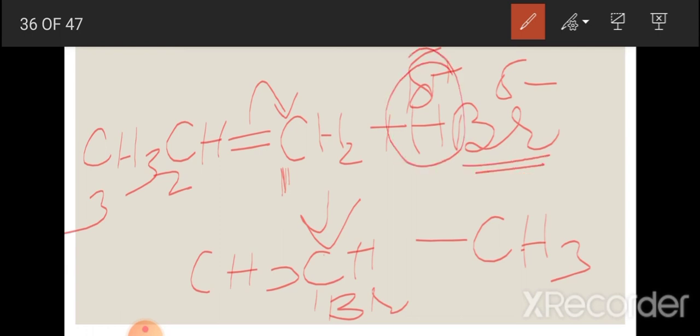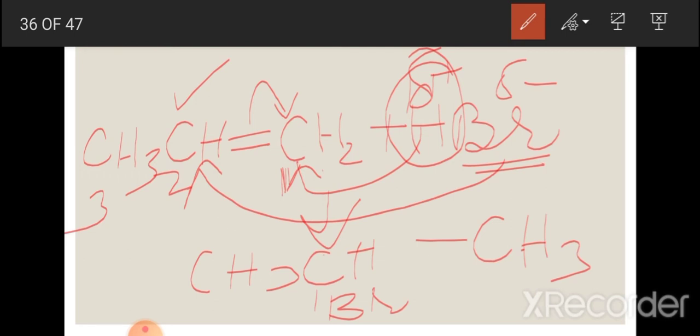This hydrogen is attacking this carbon, and the bromide will attack this carbon which has lesser number of hydrogen. CH2 has more hydrogen than CH, so hydrogen is attacking the CH2 carbon, and bromide will attack the carbon which has lesser number of hydrogen, so the product formed is CH3 CHBr CH3.